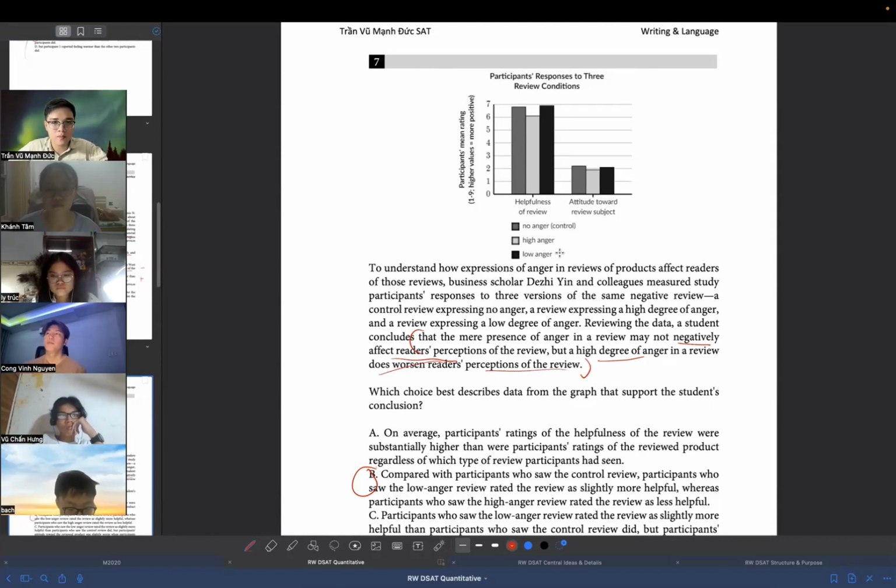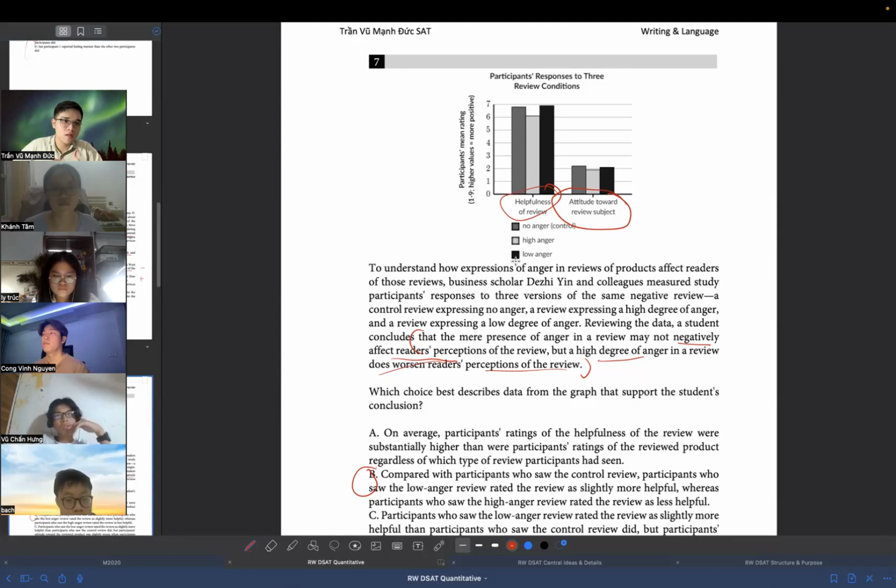All right, the review could be helpful or unhelpful. This is the attitude of the review subject, and this is the helpfulness of the review. Compared to participants who saw the control view, which is this control. All right, I'm going to explain this.